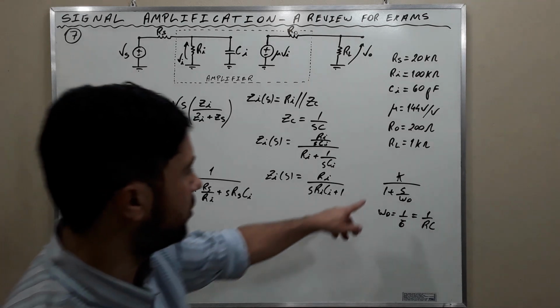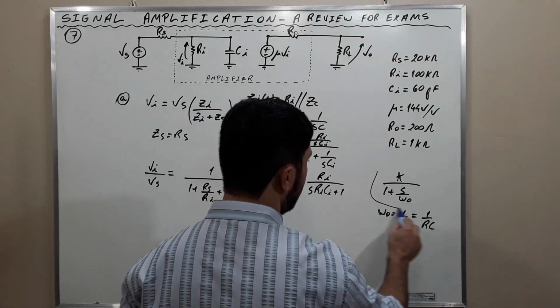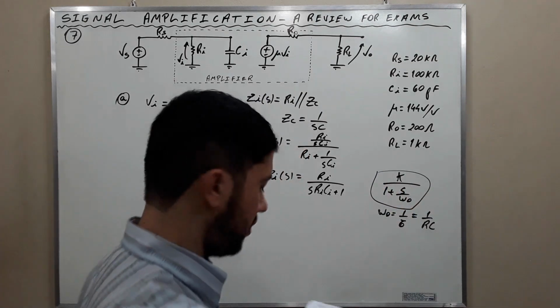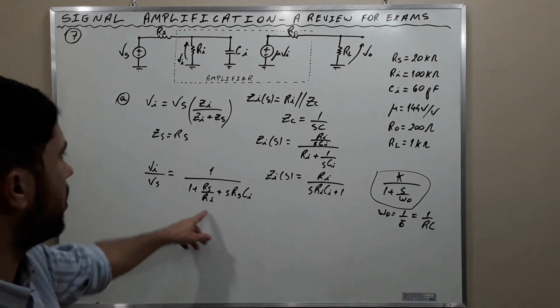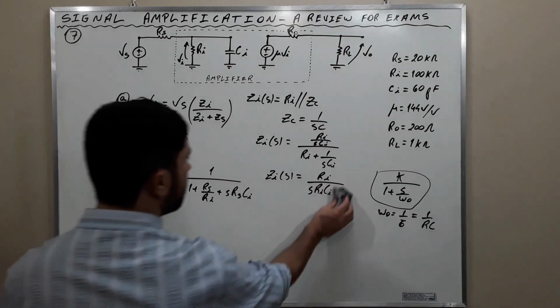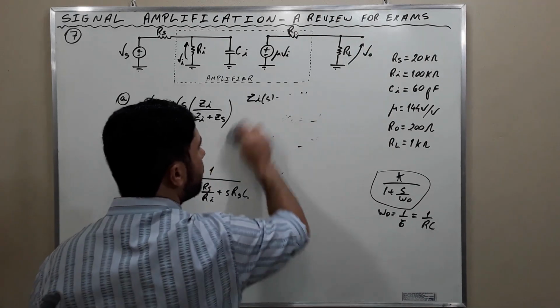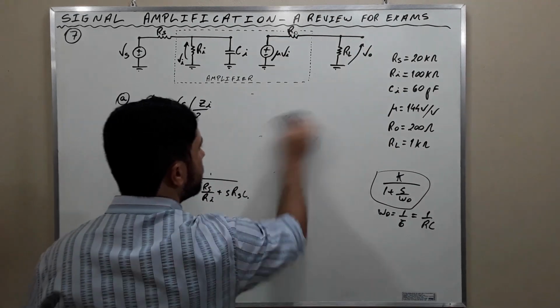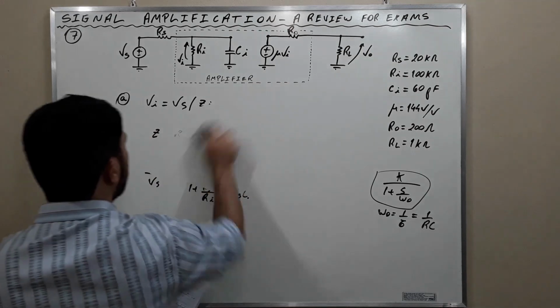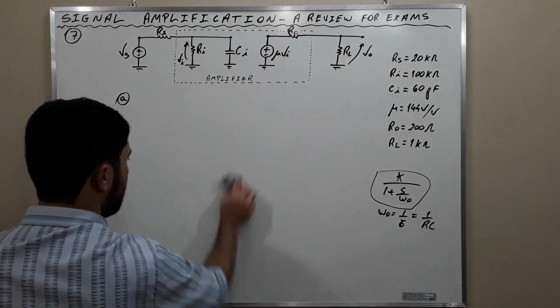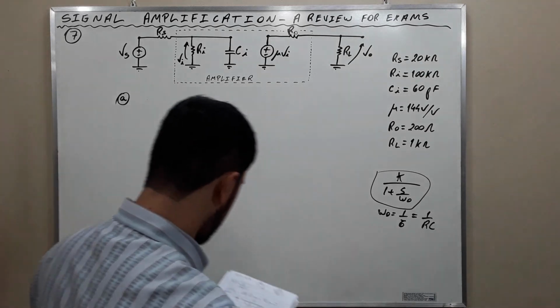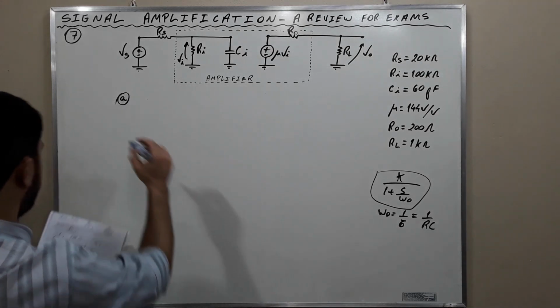Okay, considering this, which is the standard for low pass single time constant networks, we are going to rewrite this in this fashion here. And we are going to do this.